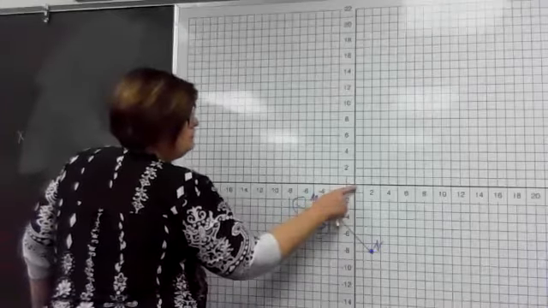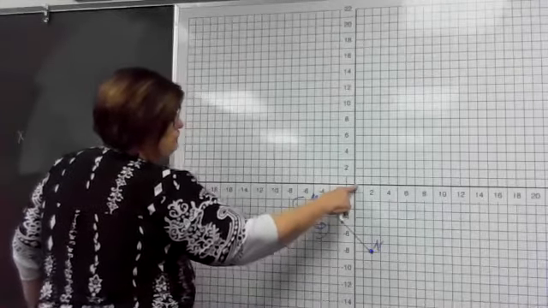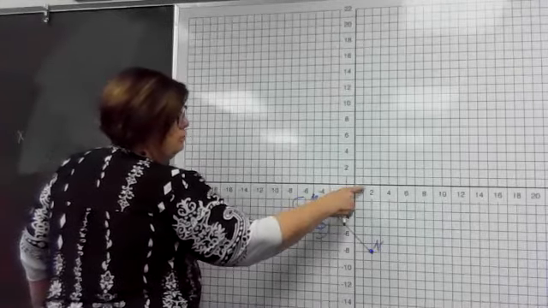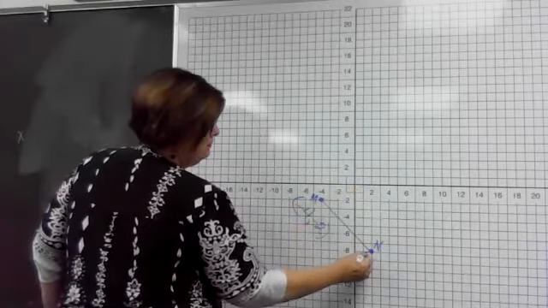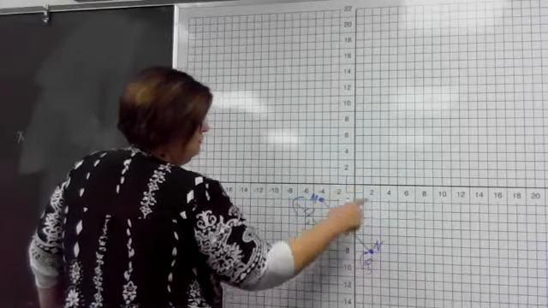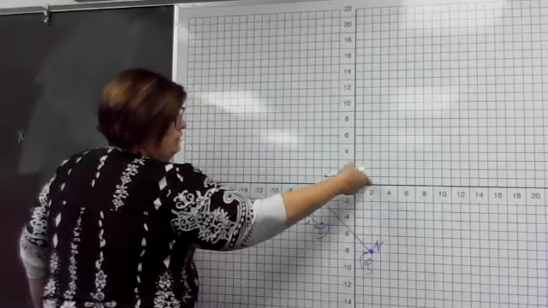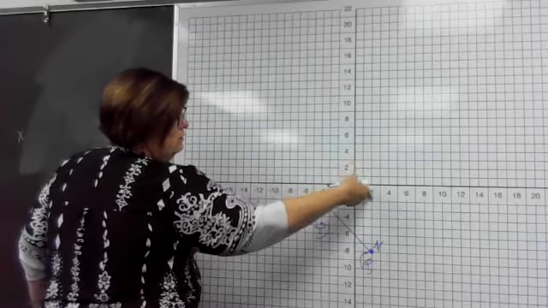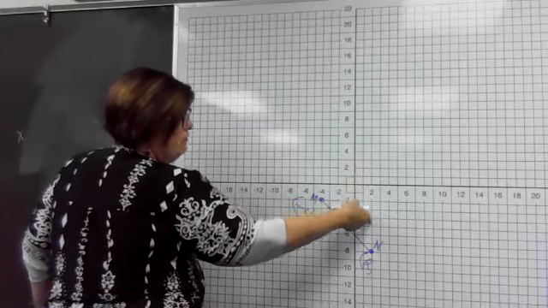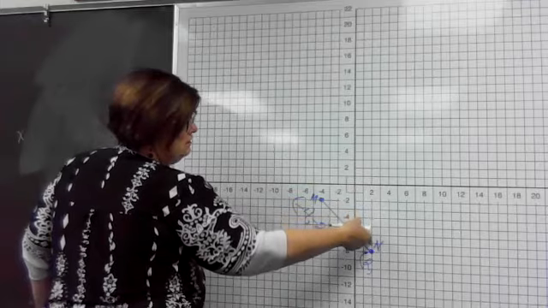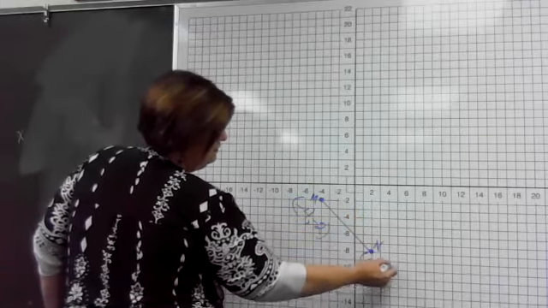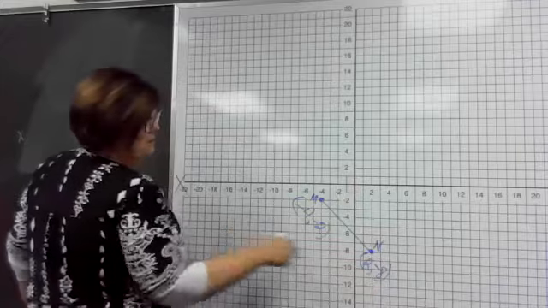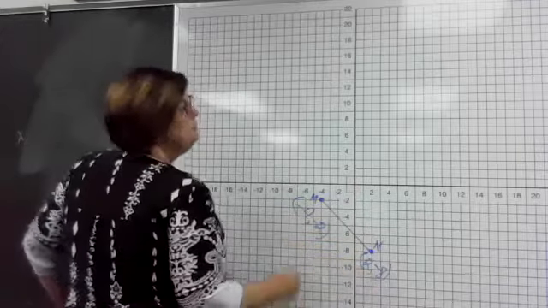So again, starting at the origin, I need to move in a horizontal direction, 1, 2. And I turn the corner and walk 1, 2, 3, 4, 5, 6, 7, 8 blocks in a negative direction again.